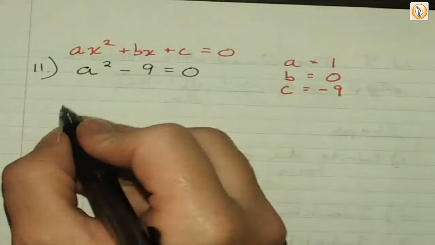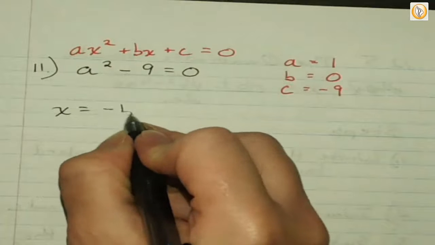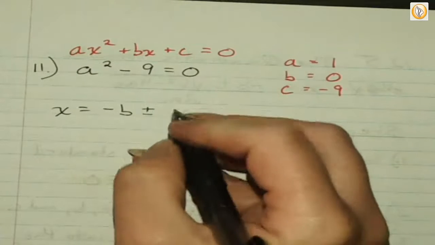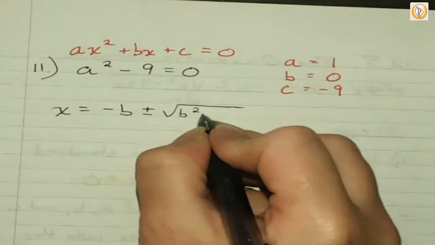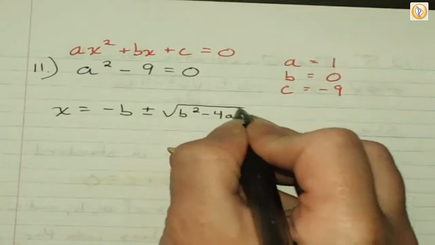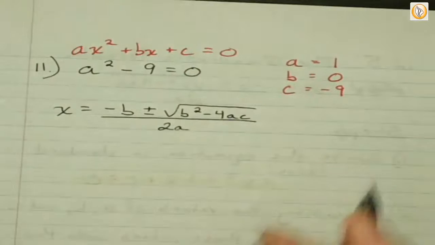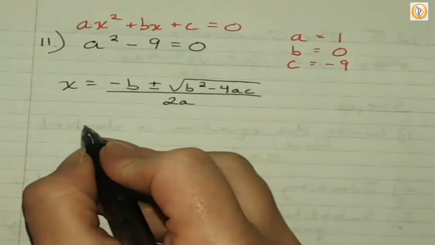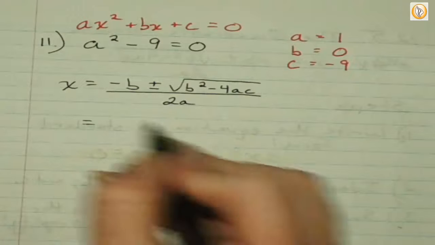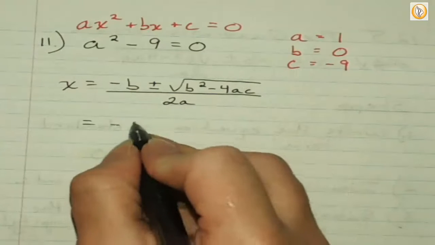All right, so we're going to write down our formula. You all are writing it down. Negative b plus or minus the square root of b squared minus 4ac divided by 2a. All right, so negative b, well, b is 0, so I'm going to put negative 0.